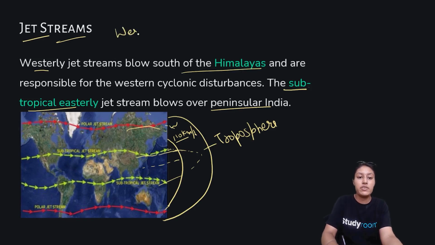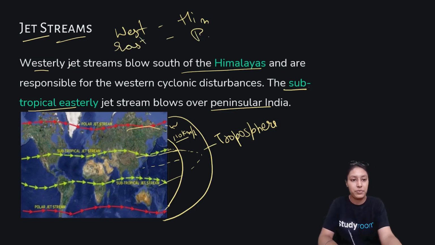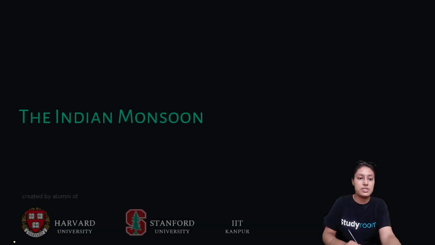So if it's the western jet stream, it will reach the Himalayas. If it's the eastern jet stream, it will reach peninsular India. These are the major concepts that you have to understand about jet streams.